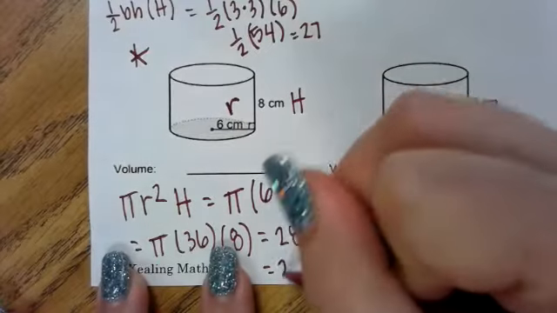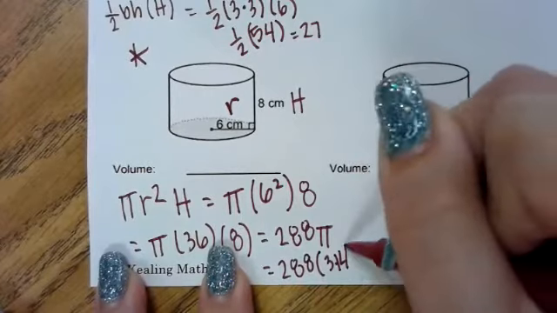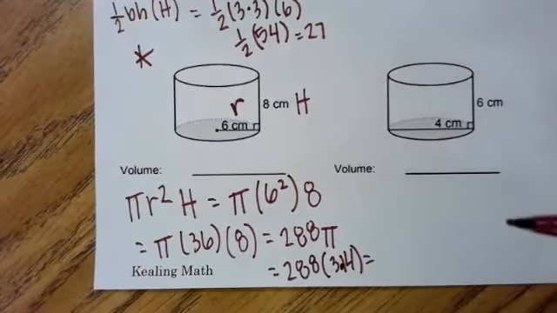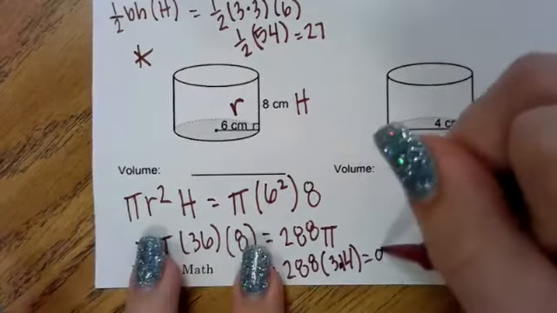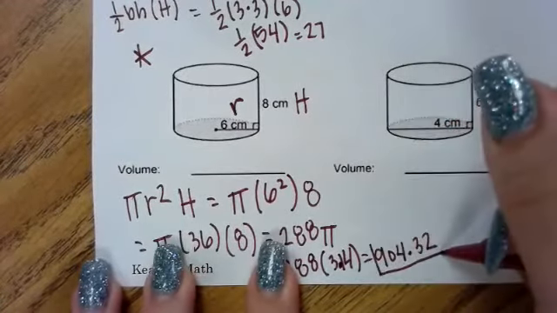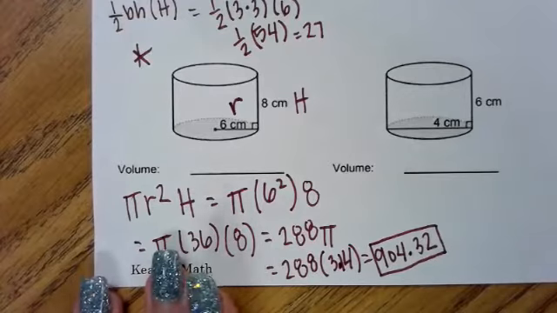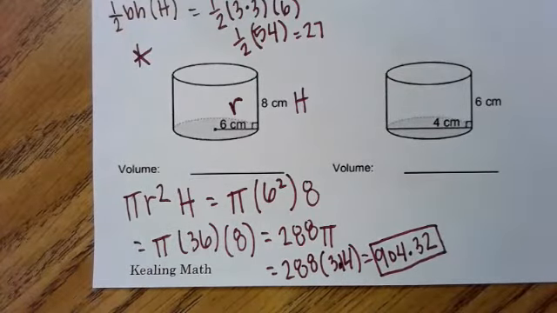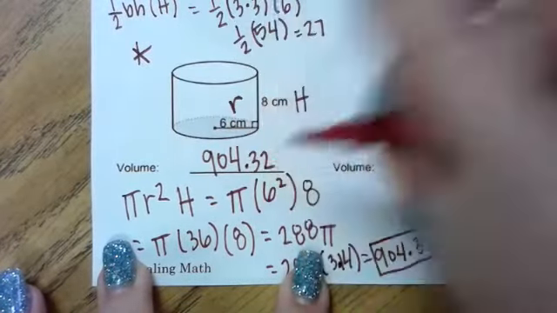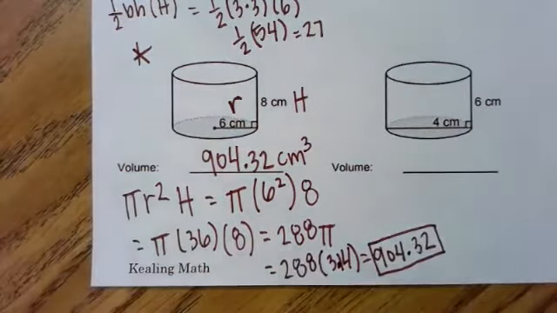So if we plug in 3.14, 288 times 3.14 is 904.32. And you may be thinking, wow, Ms. Walker, you did that math really fast in your head. I'm not that talented. I did it before the video. I just wanted to make sure this video was short and sweet. So our answer for this problem is 904.32, and our units are centimeters cubed because we are working with volume.